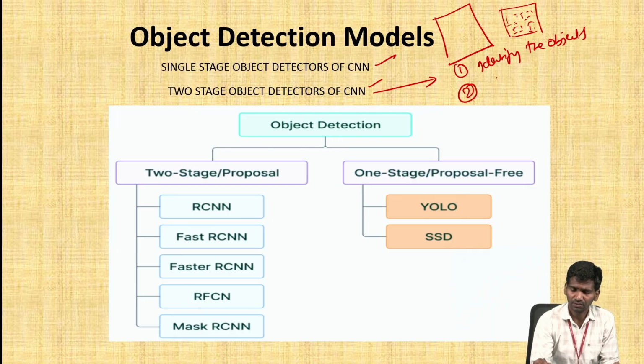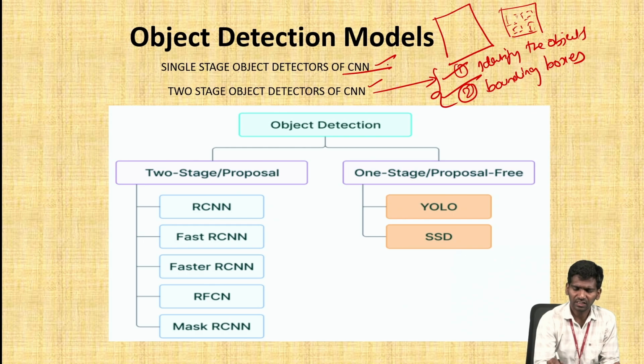Then in the second stage, we plot the bounding boxes. These are the two steps involved in two stage detectors. In a single stage detector, these two things happen at the same time. That's why we call it a single stage detector. That is the difference between single stage and two stage detectors.